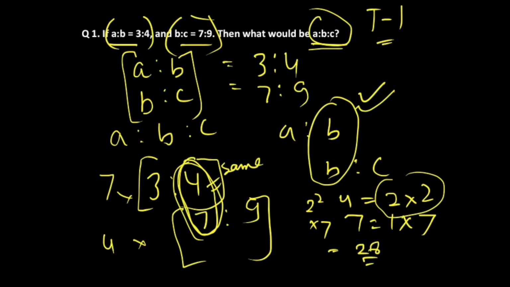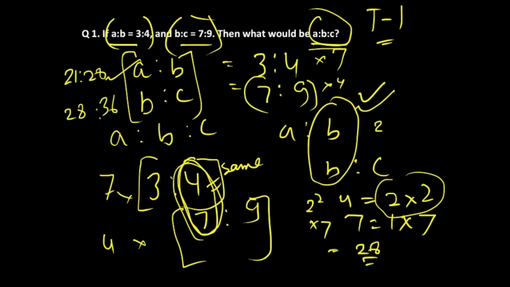So the first expression would become 21 is to 28, because we are multiplying it by 7, and since we are multiplying the second one by 4, we'll get 28 is to 36. So our final answer would be 21 is to 28 is to 36. So this is one method of solving this particular question.